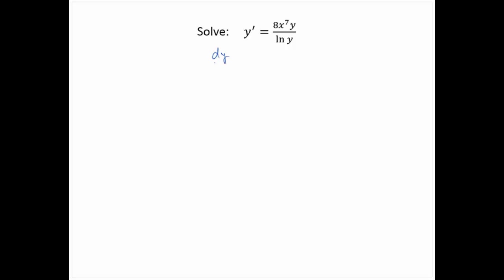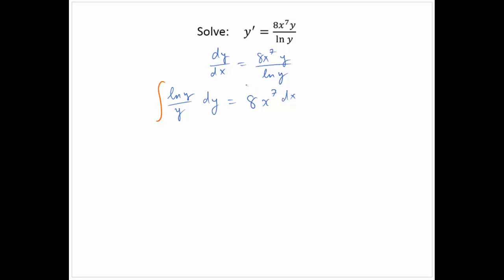So I've got dy/dx is 8x to the 7th y over natural log y. Get everything with the y together, get everything with the x together. So multiplying and dividing correctly, I can write this as natural log y over y dy equals 8x to the 7th dx.